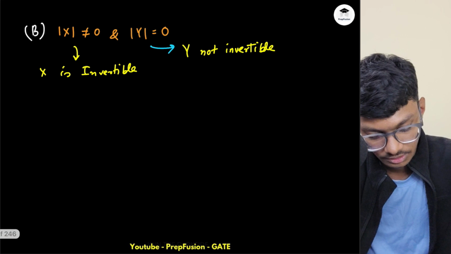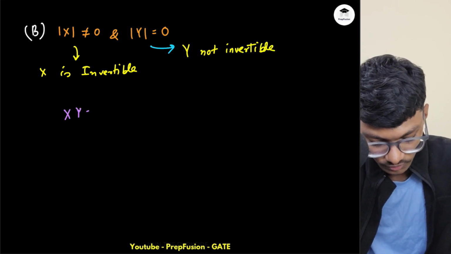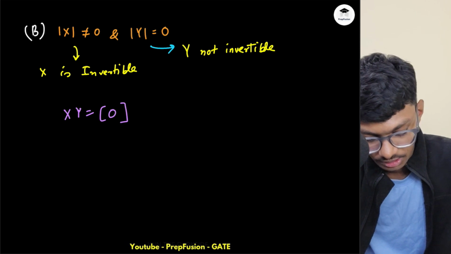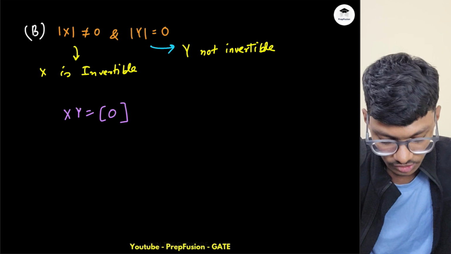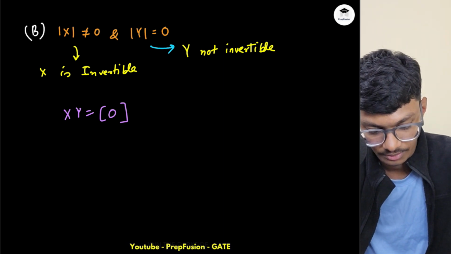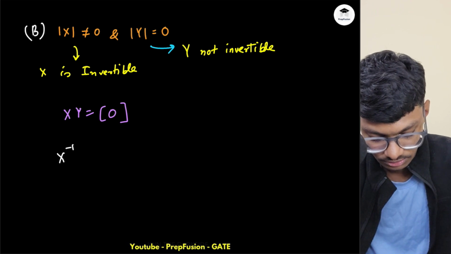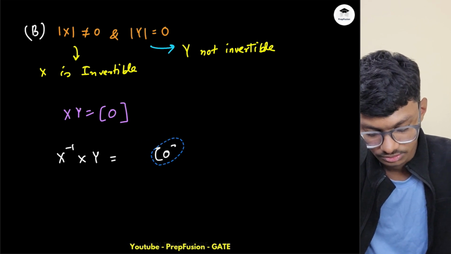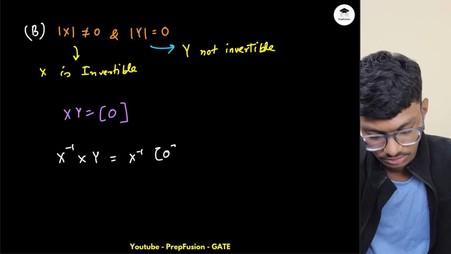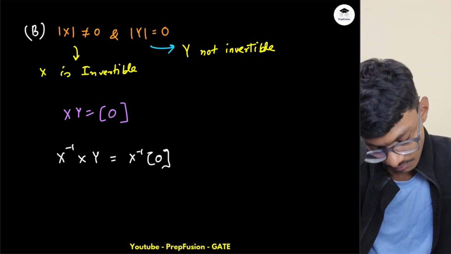Okay, but this time we know the relationship that x times y is a null matrix. Now what we'll do, we'll pre-multiply x inverse. So if I pre-multiply x inverse, x inverse x y equals x inverse times 0.